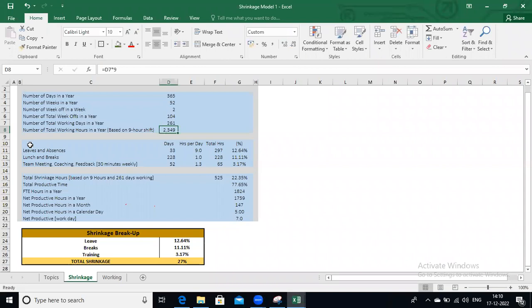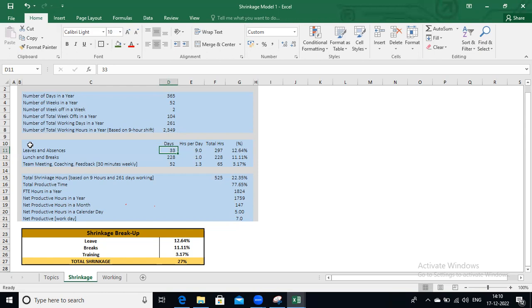Now, the most important thing: how do we decide the out of office shrinkage? Out of office shrinkage is basically planned on the basis of the leave policy of the company, how many absenteeism and leaves there are as per the policy.